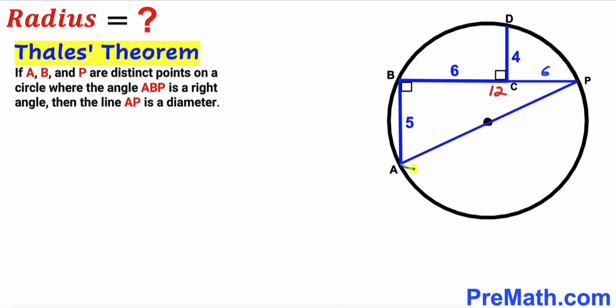So no wonder this AP has got to be our diameter, since this passes through this center O, because this angle ABP is a 90 degrees angle, and all these points A, B, P are on this very same circle.